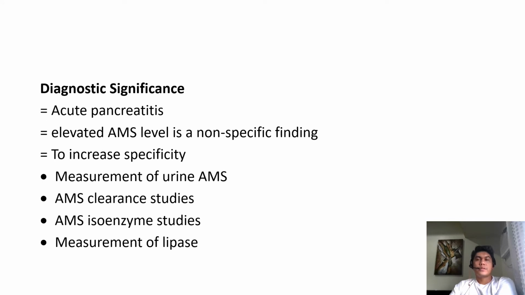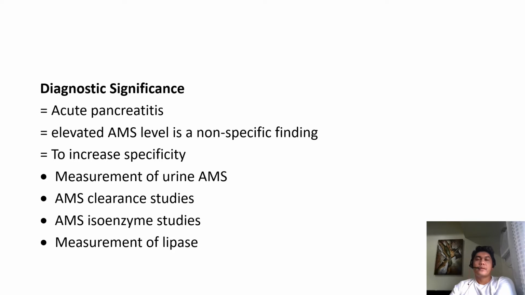Next is what are the diagnostic significance of amylase measurement? First is to diagnose acute pancreatitis, because it's a pancreatic enzyme. So it's the first marker to increase if there's pancreatitis.